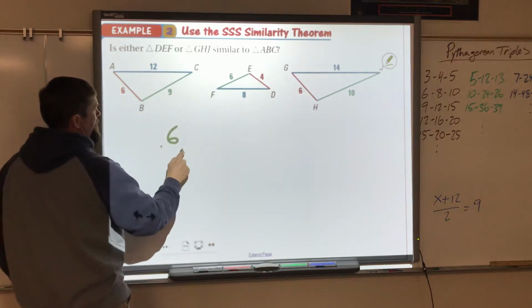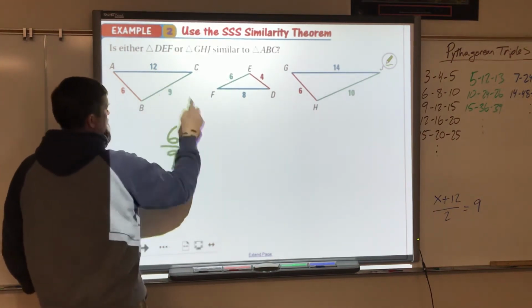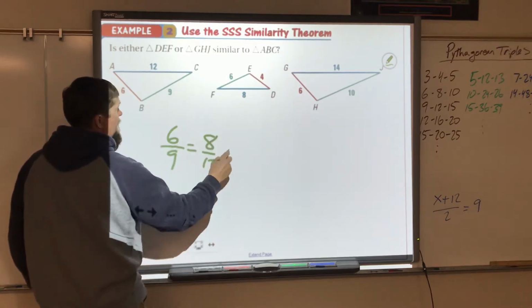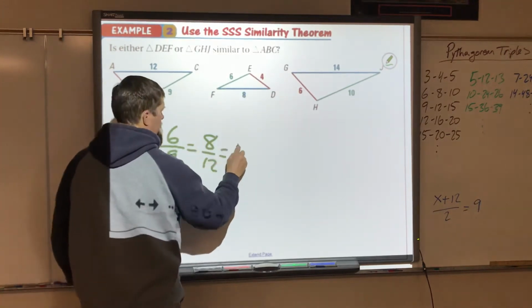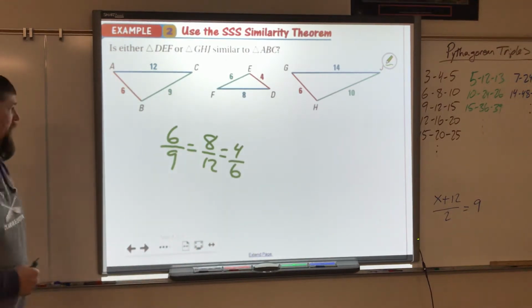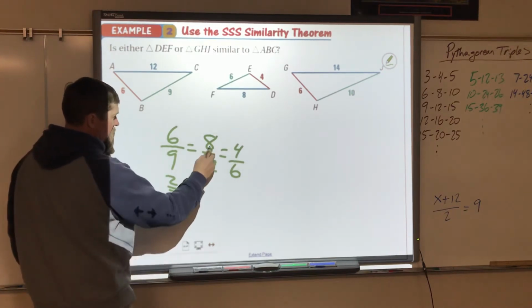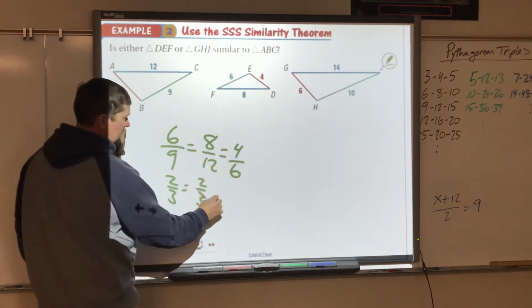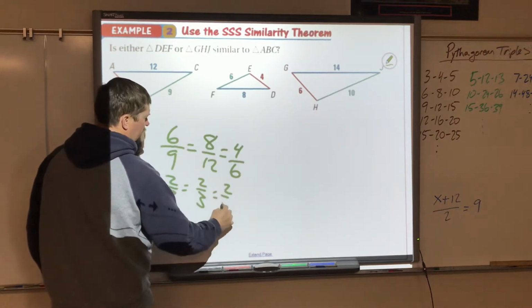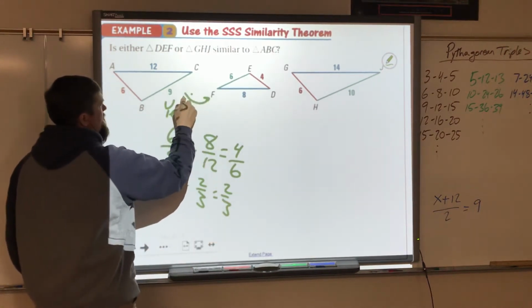They already set that up for us. 8 to 12 and 4 to 6. Are these the same? Well, this is 2/3. This is 4 goes into both, 2/3. 2 goes into both, 2/3. So yes, these two are similar.